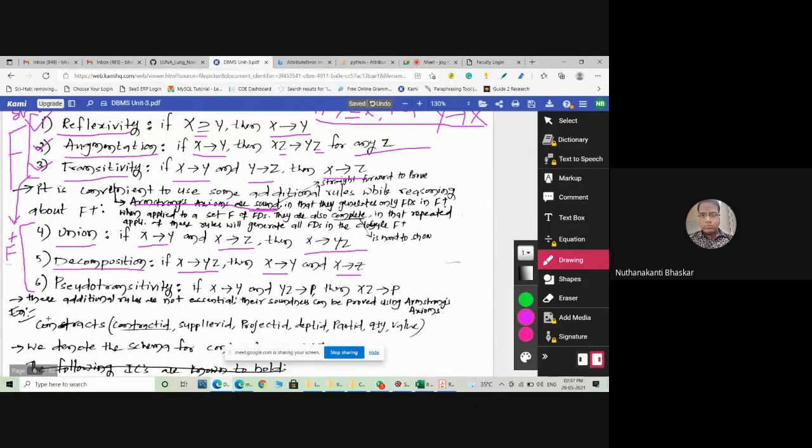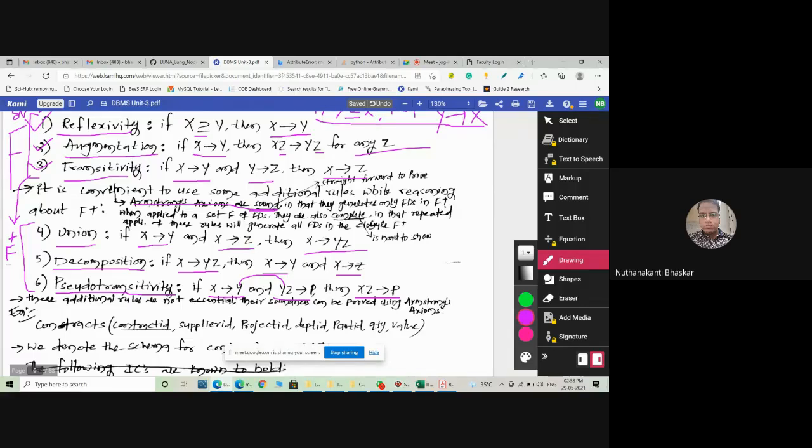Then the last one, pseudo transitivity. Very important. Pseudo transitivity means if you identify X determines Y and YZ determines P in your relation, then you can write XZ determines P. In the transitivity rule, X determines Y, Y determines Z, then you can write X determines Z, first and last.